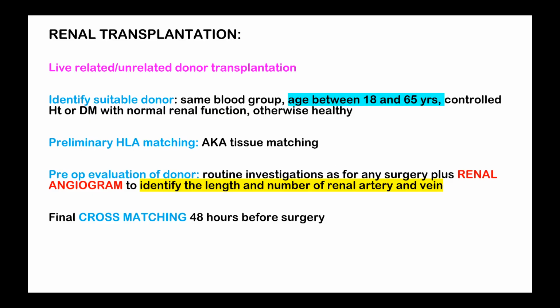So last-minute antigen-antibody reaction is avoided by this. The earlier testing is called HLA matching; this is called the cross matching. The cross matching 48 hours before surgery is a routine for all live donor transplantation, and that has to come as negative ideally, or positive 20%.